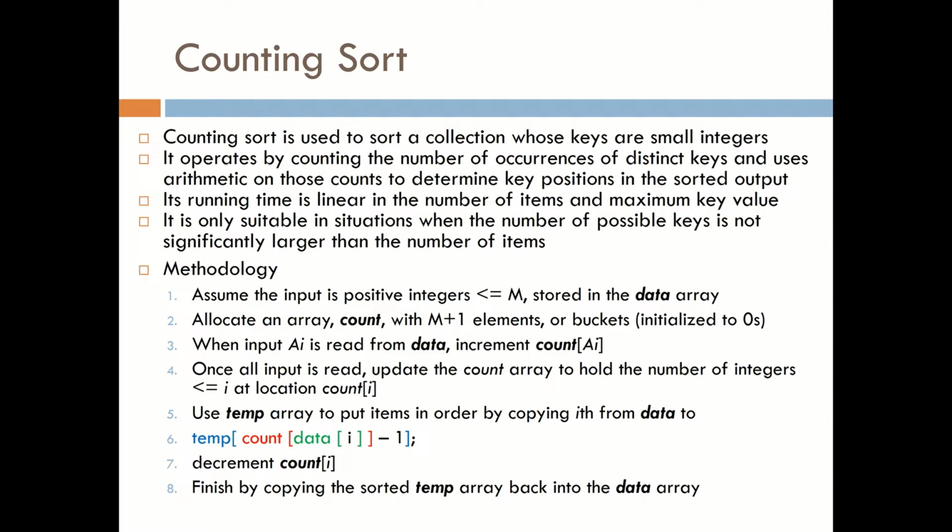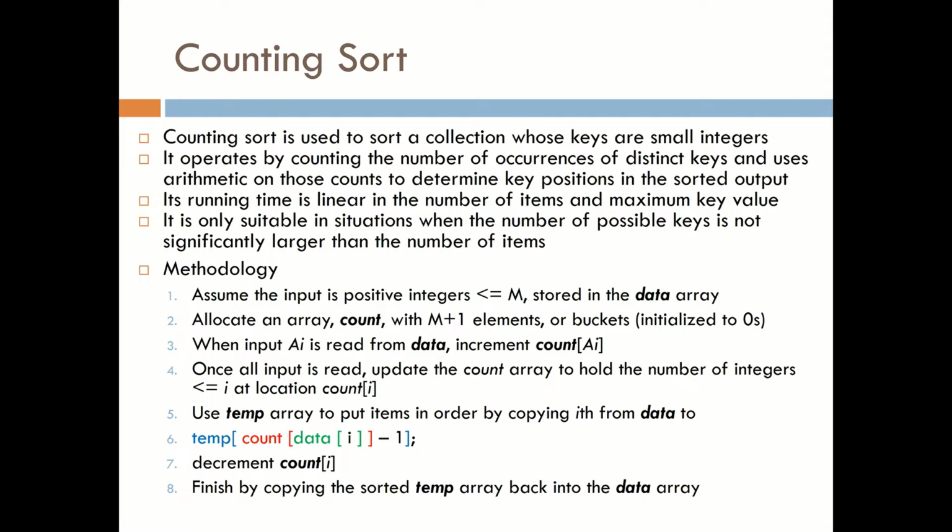And then when we look at radix sort, we'll see that it is an algorithm that can sidestep some of these issues. So here's the basic method. We will assume that our input is made up of positive integers less than or equal to some value m for max, and that input is initially stored in an array called data.